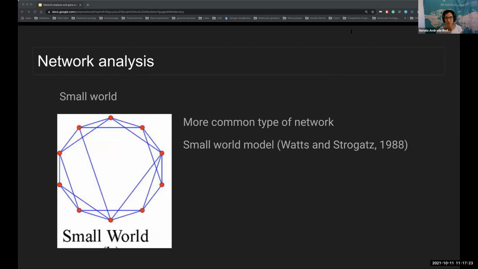And so again, it's just a type of mathematical graph where most of the nodes are not neighbors of each other, but the neighbors of any given node are likely to be neighbors with each other. Another important element of small world networks is that most of the nodes can be reached from another node in a very small number of jumps.